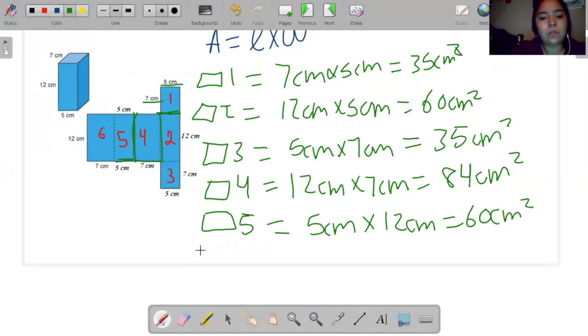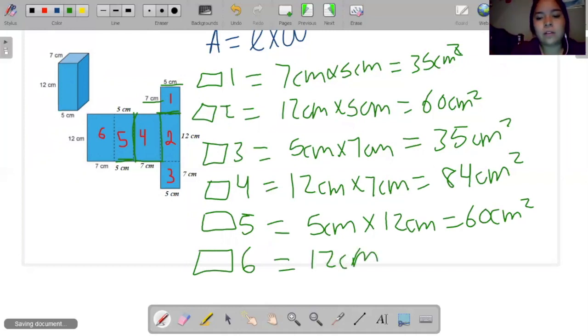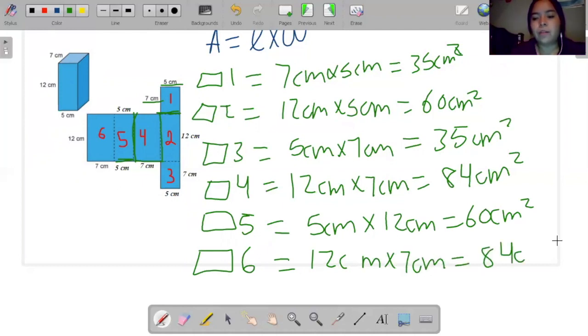And let's do the last one, rectangle 6, which is 12 centimeters times 7 centimeters, which is 84 square centimeters. So we already know the area of each face of this rectangular prism. To find the total surface area, we're going to add all the areas together. So let's do that.